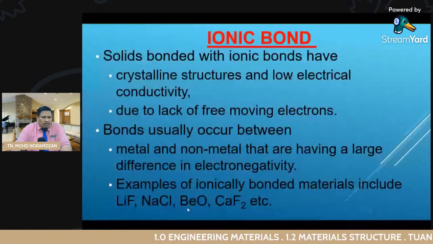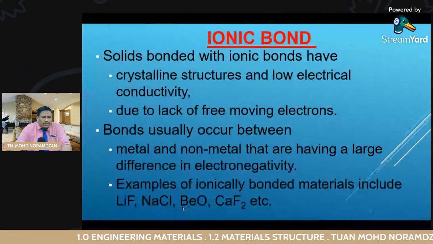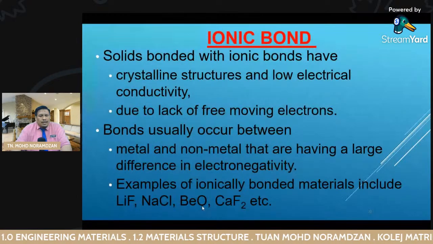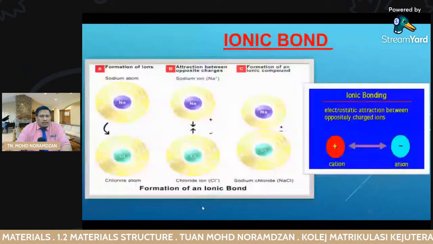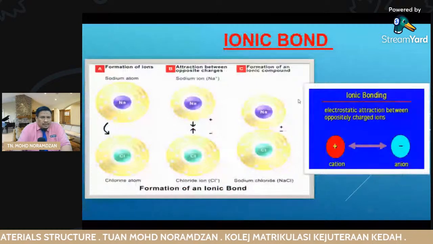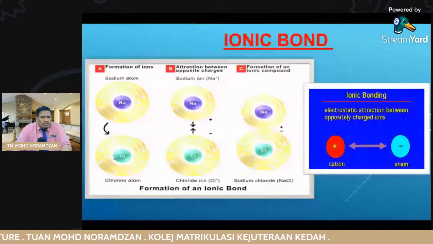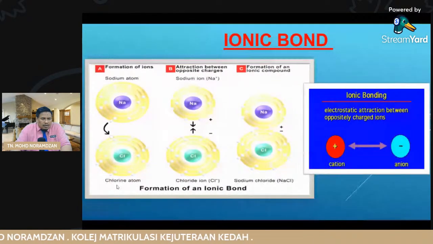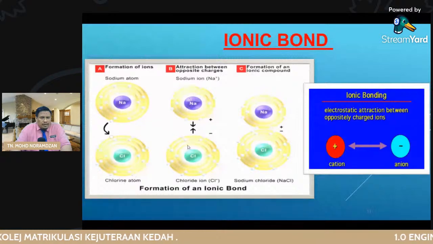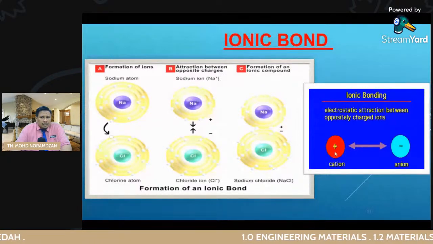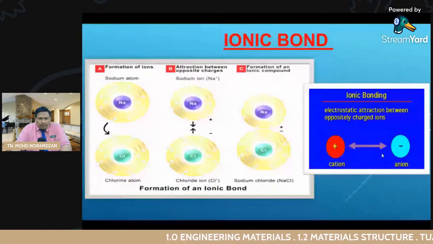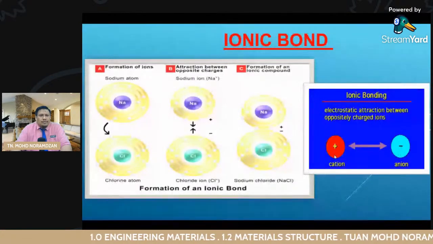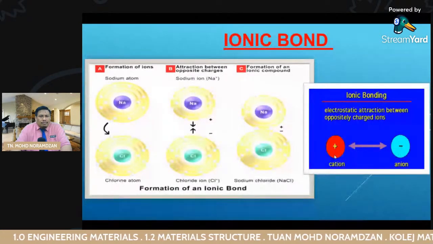This is barium oxide. Okay, this is ionic bond. Sodium atom, chloride atom, sodium chloride. So they share a positive and negative charge, the formation of ionic compound.